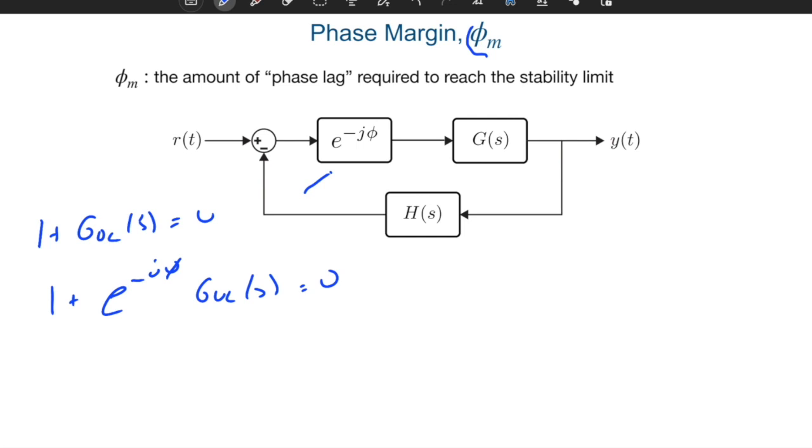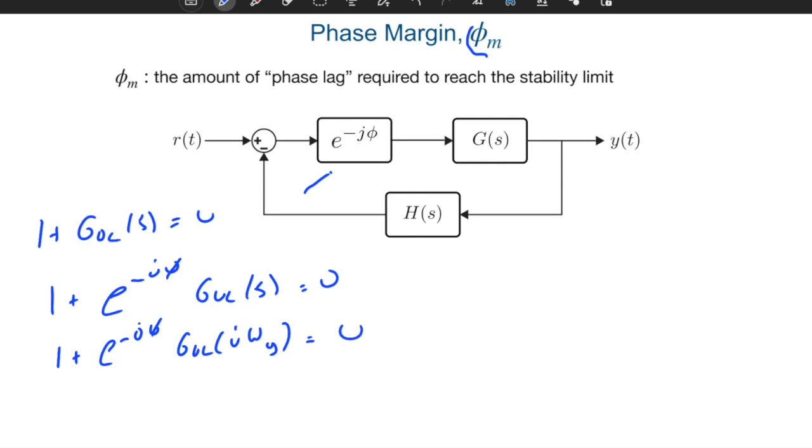If the system passes a critical stability limit, I know that it has a root on the imaginary axis. So 1 plus e to the power minus j phi GOL(j omega g) is equal to 0, where we call omega g the gain crossover frequency. You'll understand later.